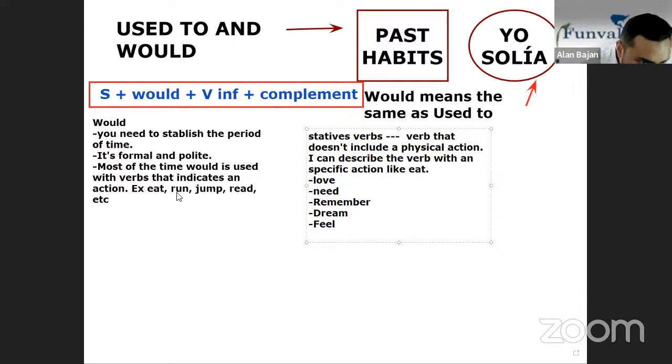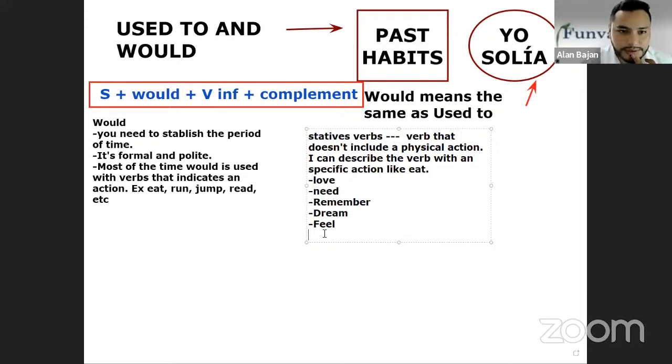Well, we can consider find an action verb. Maybe it's not in my list, so maybe it's not an stative verb because you need to do something to find something.